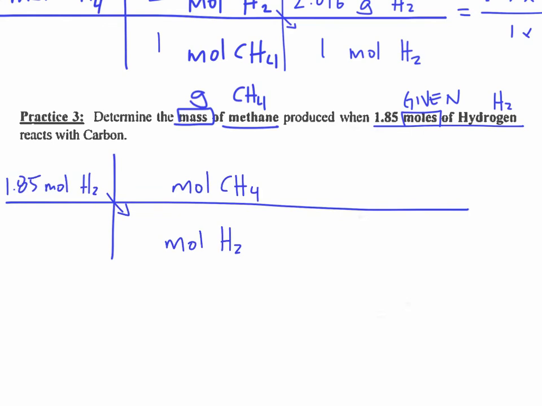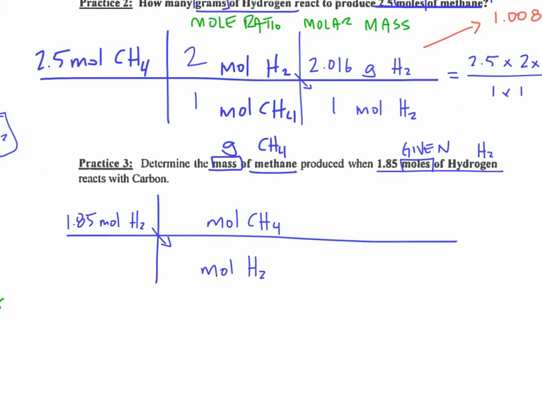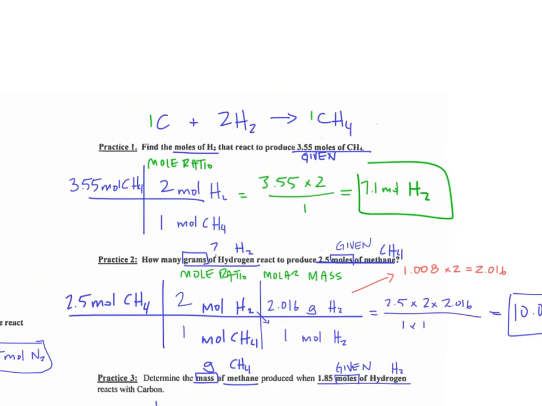Based off of the ratio up above, I've got a coefficient of 1 CH4. Let me zoom out a little bit here. So I've got 1 CH4 and 2 moles of H2. So my ratio is 1 to 2 or 2 to 1, depending on how you're reading it.